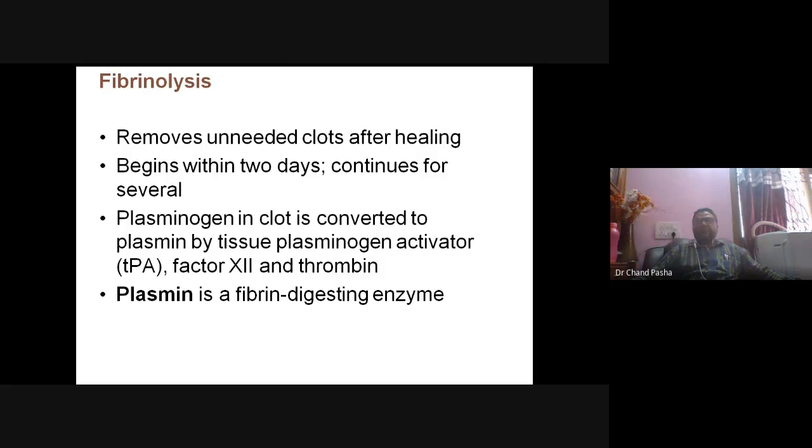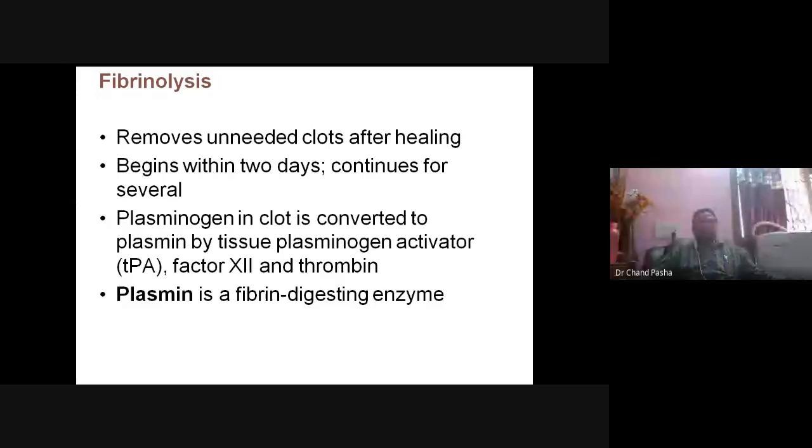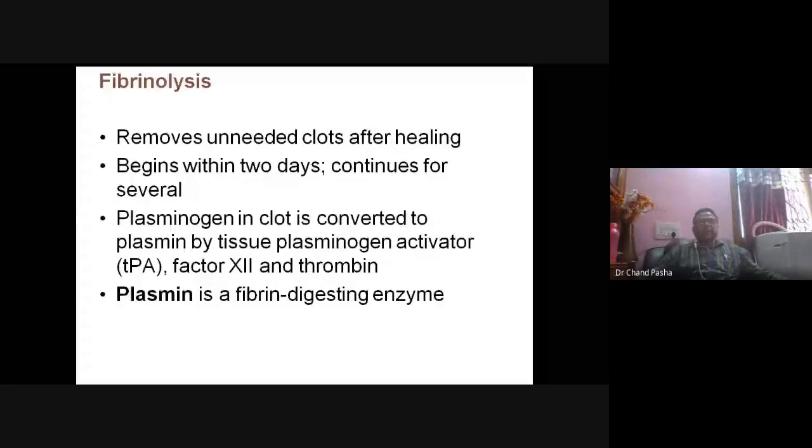Otherwise, it will be a continuous blockage, and oxygen will not reach the other side and blood flow will not take place. So generally, tissue damage repair will be in place within 2 to 3 days. Once about 50-60% of tissue damage has been repaired, then fibrinolysis will take place. Fibrinolysis starts from 2 to 3 days, and it continues for several days.